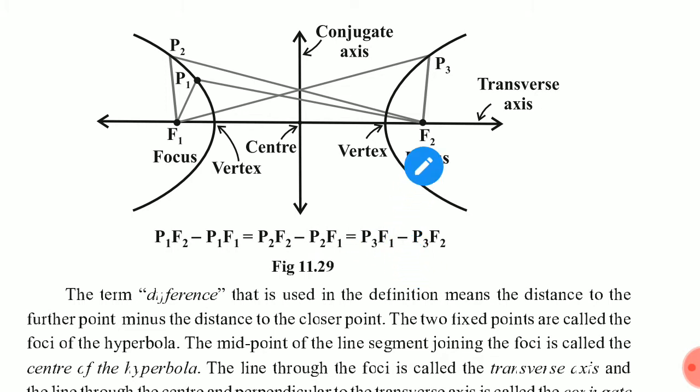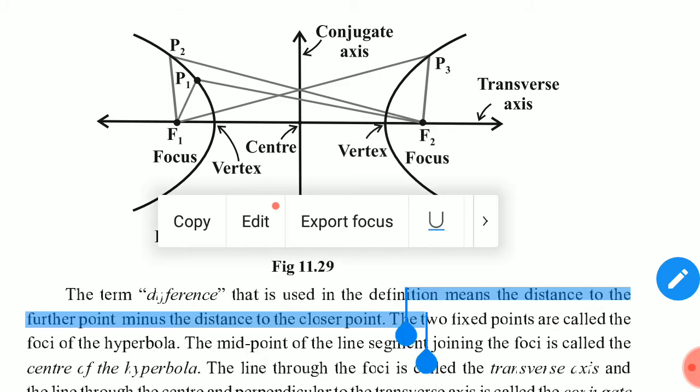For this side, for point P3 also, we can take the long distance P3F1 and the small distance P3F2. So subtract: P3F1 minus P3F2. This difference is also constant. All these differences of distances are constant, according to the definition of hyperbola. So I have explained this diagram and the definition of hyperbola.